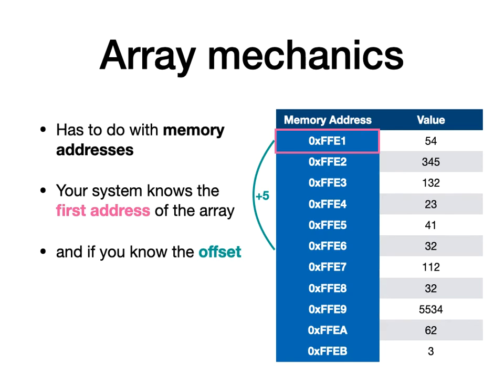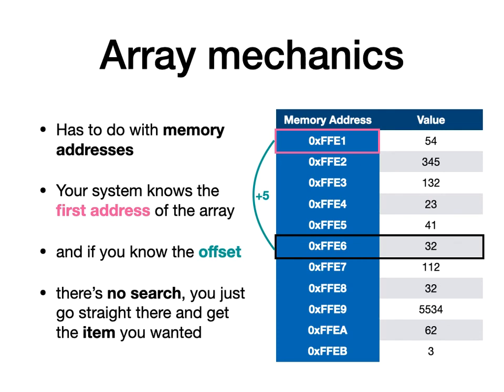Give me the item that is at this part, right? So if you ever wondered why everything starts at 0 in computing, it's because of this. If you know the offset and you know the first address, then you just go to it. You don't have to search, right? We can immediately pull out the item that we want at that value.